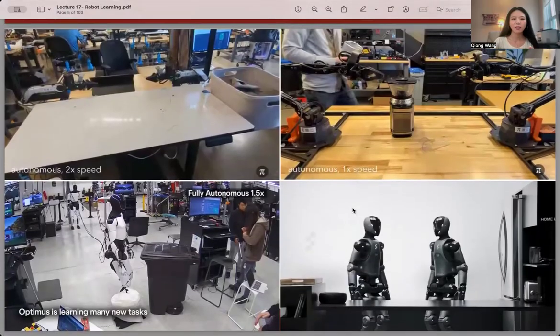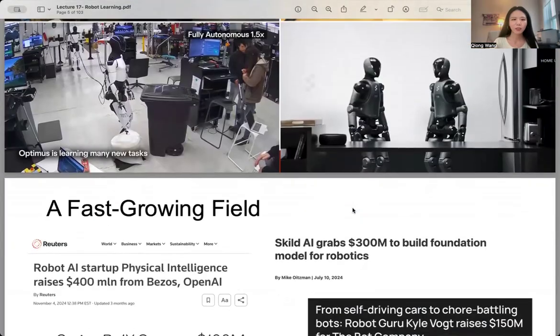And there are some examples of robot learning. For example, you can flip clothes, and you can use the robot to help you finish some housework.